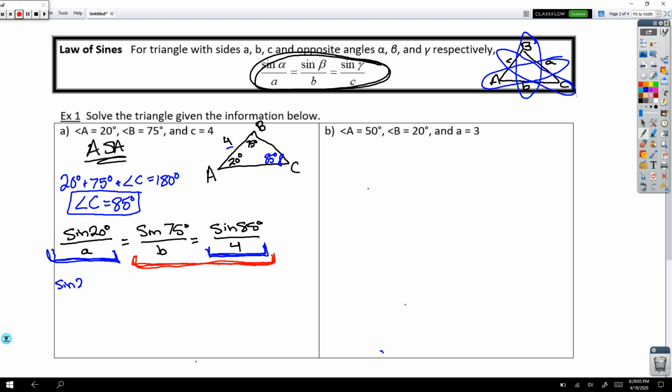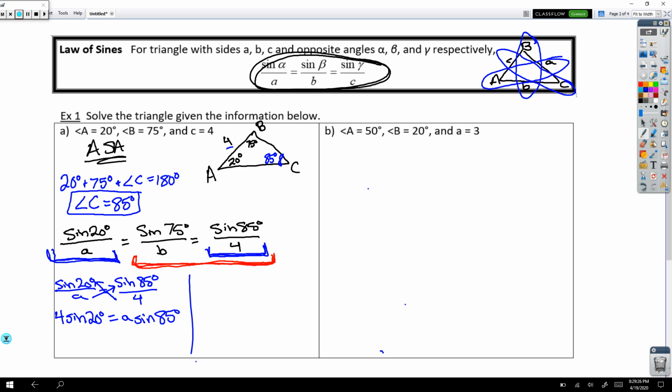Sine of 20 degrees over A equals sine of 85 degrees over 4. So again, I'm going to cross multiply. So 4 sine 20 degrees equals A sine 85 degrees.